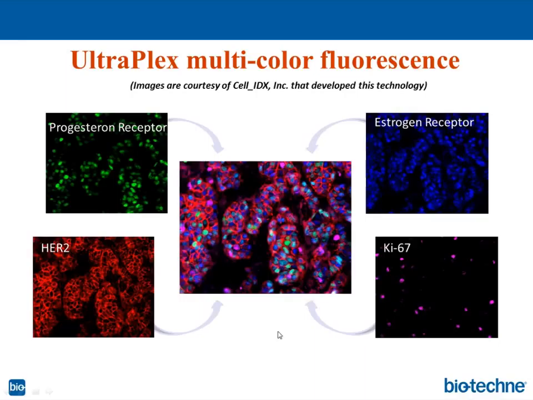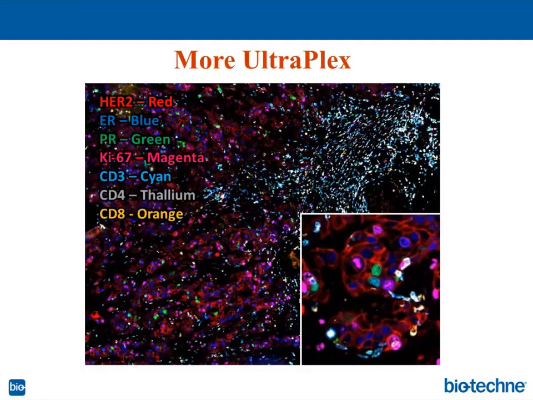Interestingly enough, you can combine staining on 2 adjacent sections and get 7 or 8 different targets, detected simultaneously. That's an example: 2 adjacent sections were stained, the first with a set of primary antibodies conjugated to haptens, and another slide with the next set of primary antibodies conjugated to fluorescent dyes.